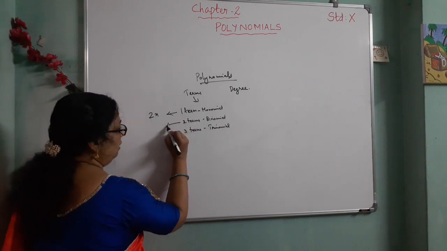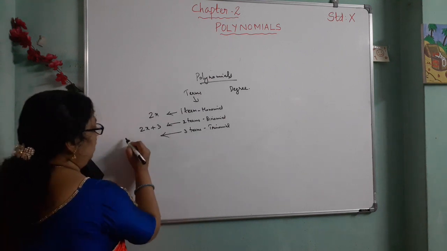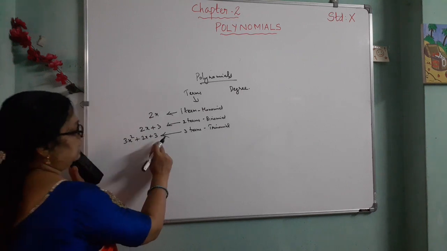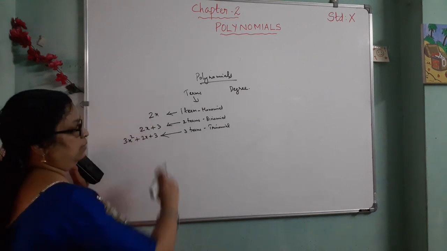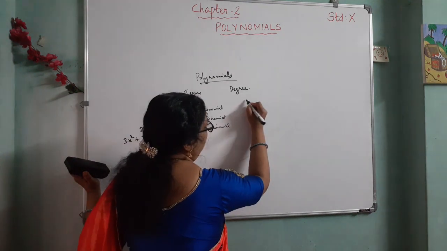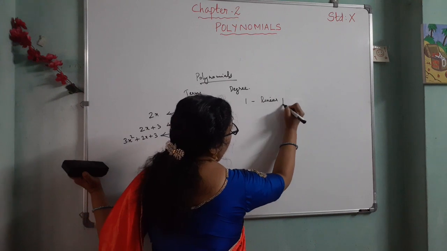An example of a binomial is 2x plus 3. An example of a trinomial is 3x square plus 2x plus 3. Then according to degree, if the degree of a polynomial is 1, it is called a linear polynomial.